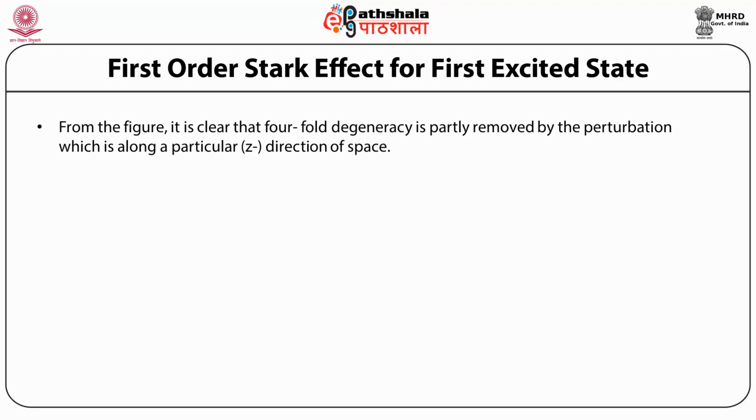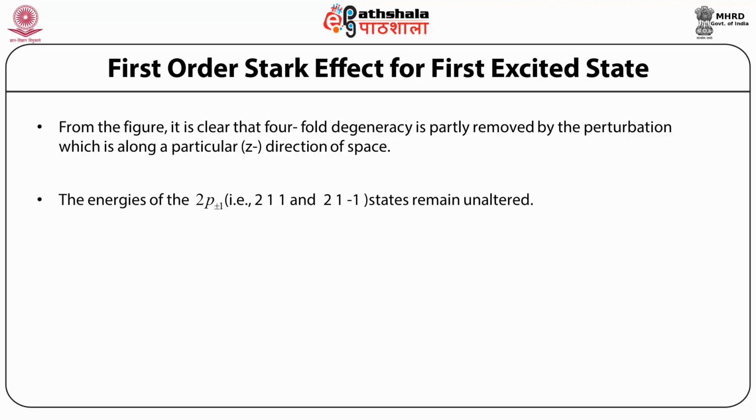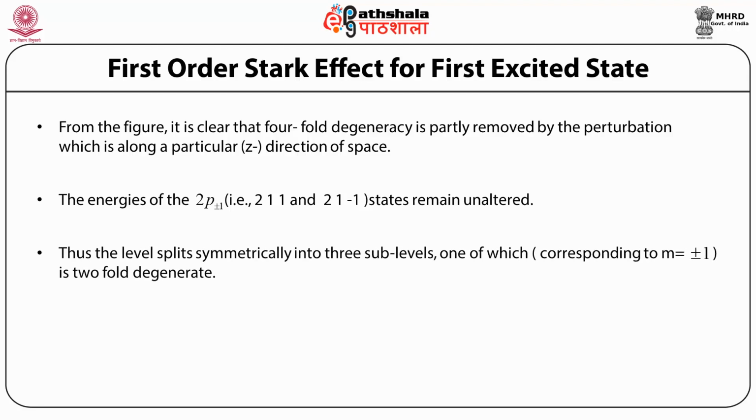From the figure, it is clear that fourfold degeneracy is partly removed by the perturbation, which is along a particular z direction of space. The energies of the 2p plus or minus 1 states, that is 211 and 21 minus 1, remain unaltered. Thus the level splits symmetrically into 3 sublevels, one of which, corresponding to m equals plus or minus 1, is twofold degenerate.